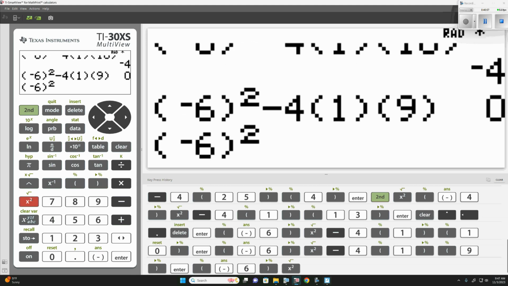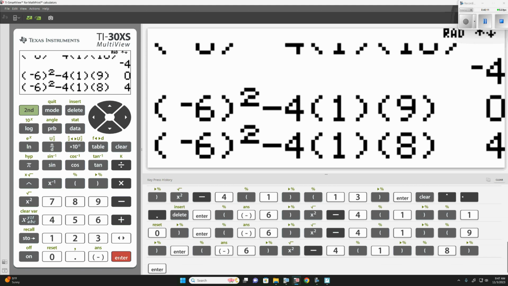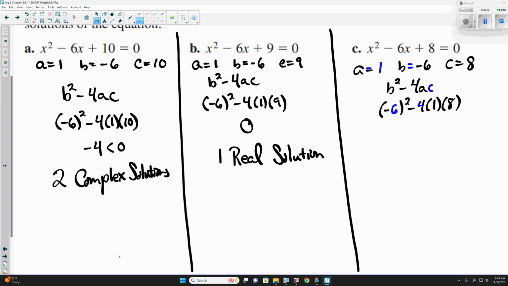Negative 6 squared minus 4 times 1 times 8, which is 4. And since 4 is greater than 0, we have 2 real solutions. This one's where it crosses the graph in 2 places.